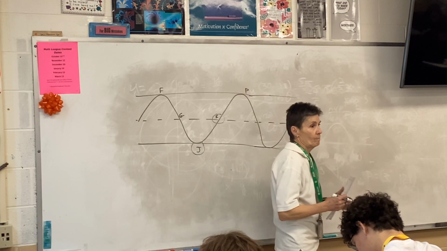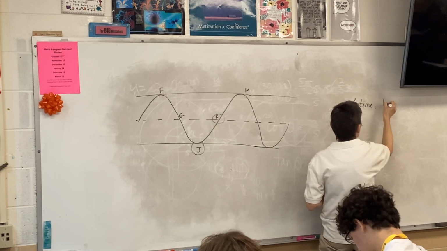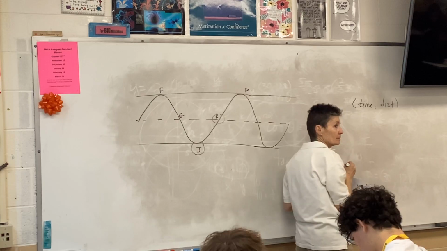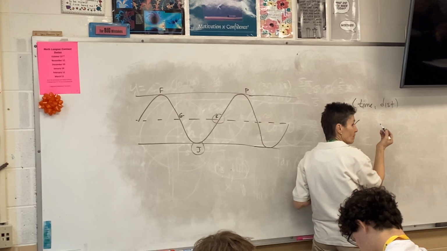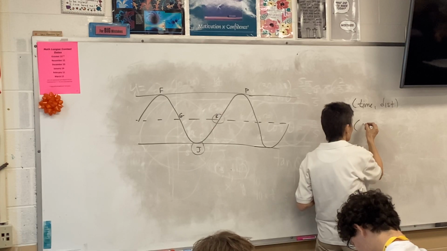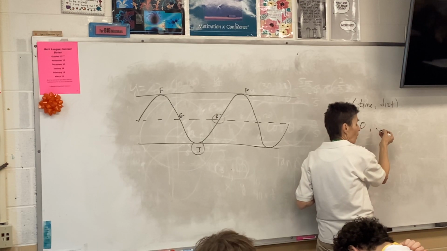What do we know? Our ordered pairs are going to be time, distance from wall, right? And they tell us what? What does it tell us right off the bat? Radius of 28.